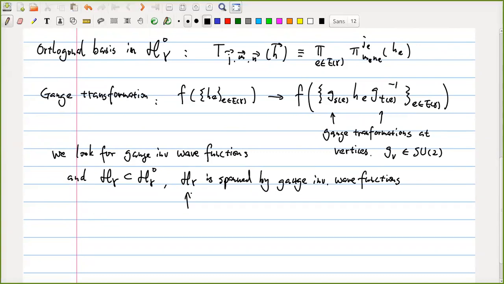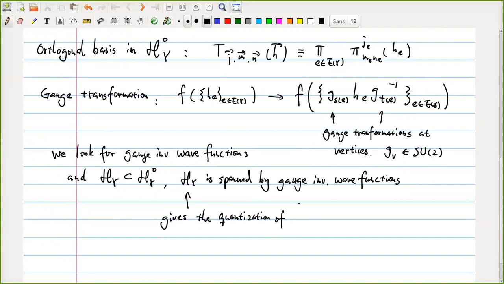And then this final H gamma, which we call the gauge invariant Hilbert space, or Hilbert space of gauge invariant functions, gives the quantization of our phase space. Well, the quantization of a phase space includes Hilbert space and operators, so we will also discuss operators later on.